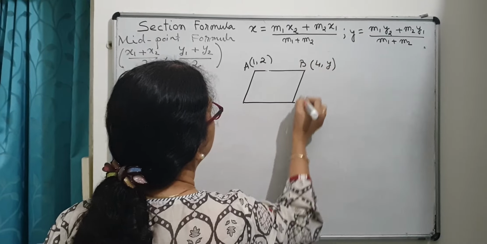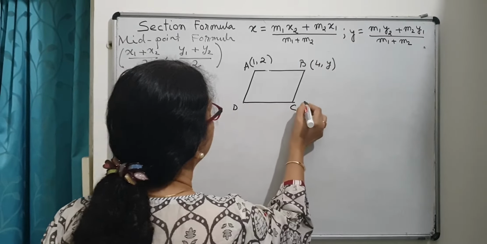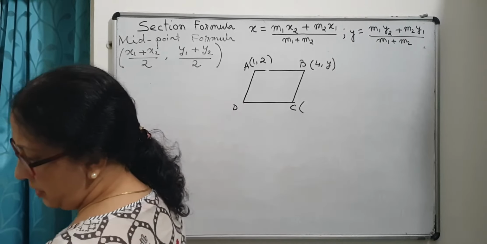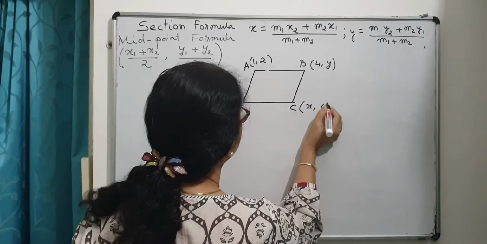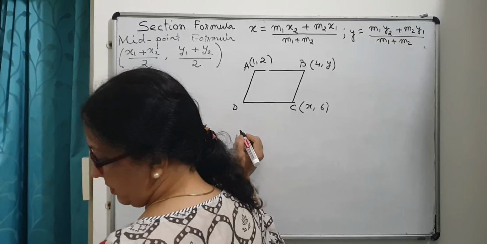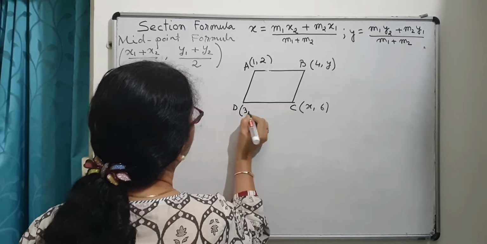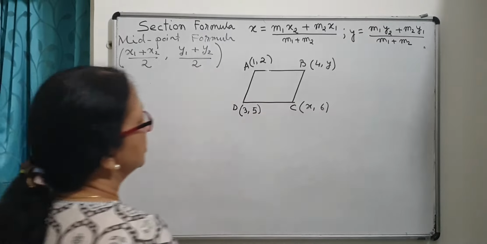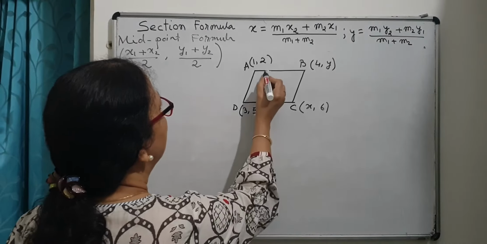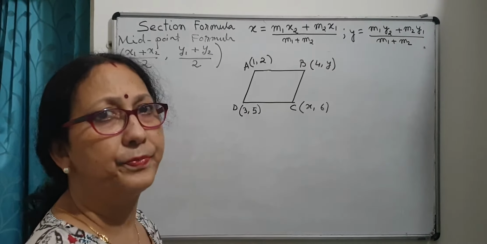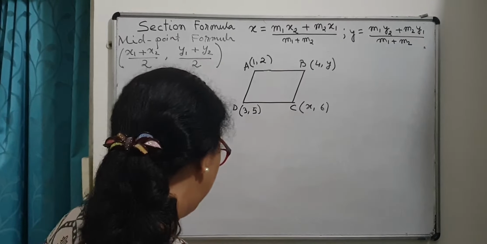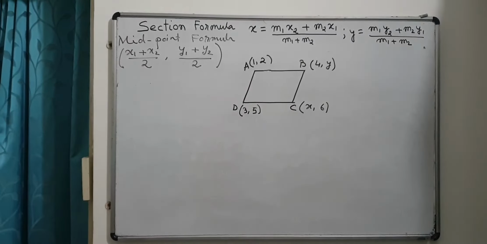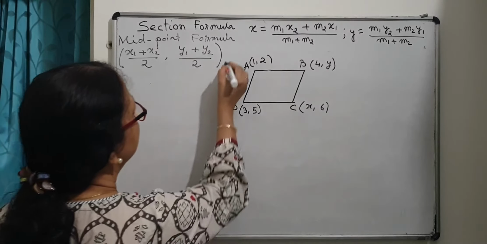So this is B, C, and D. And the third one is given to be (x, 6), and the fourth one is given (3, 5). So the 4 vertices of a parallelogram are given in this way, and find the values of x and y. This is the question.